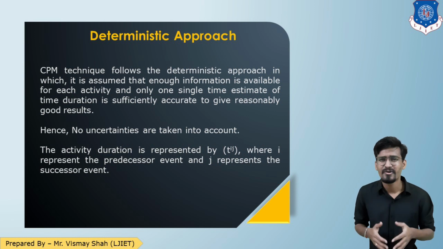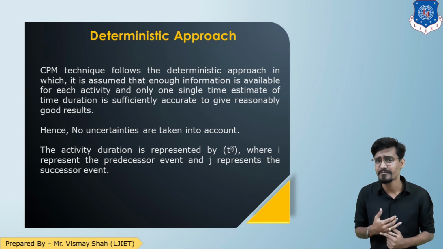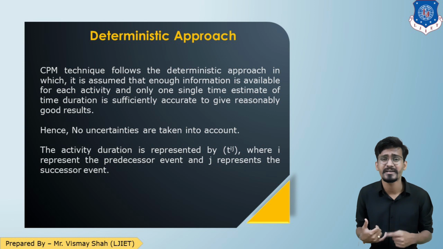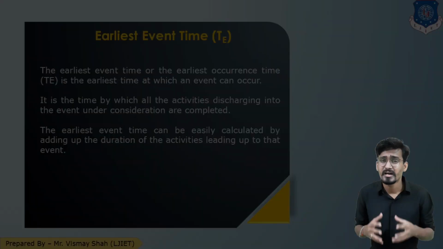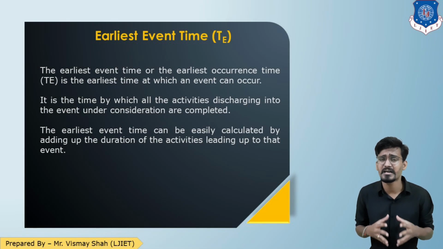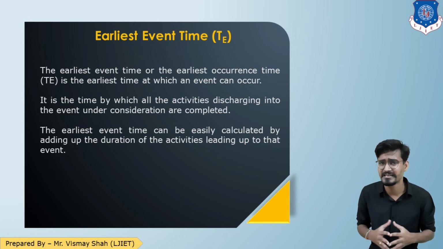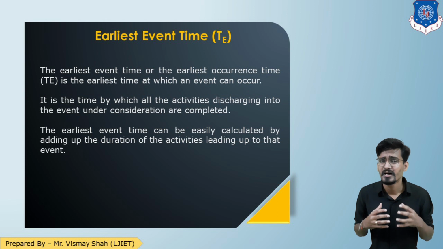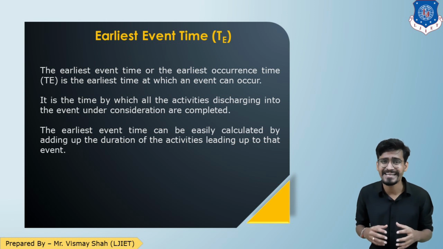All right. Now let us see the two event timings. The first is earliest event time, and later on we are going to learn latest event time. So what is earliest event time? The earliest event time or earliest occurrence time is the earliest time by which an event can occur. In how much time an event can occur at the earliest, that is your earliest event time, denoted by TE.